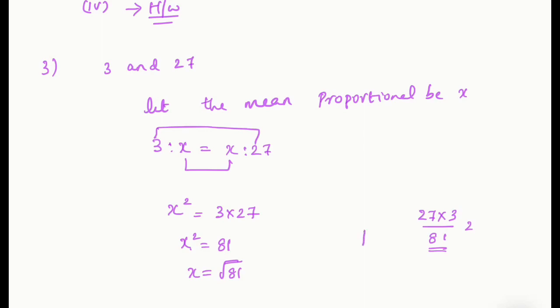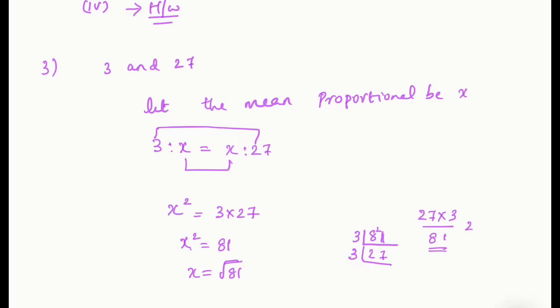I'll teach you now. Root of 81 you can find by dividing. What is the least number you can divide 81 by? You cannot divide it by 2 because it's not an even number. So try with 3. 8 plus 1 is 9, so it is divisible. 3 goes 27.